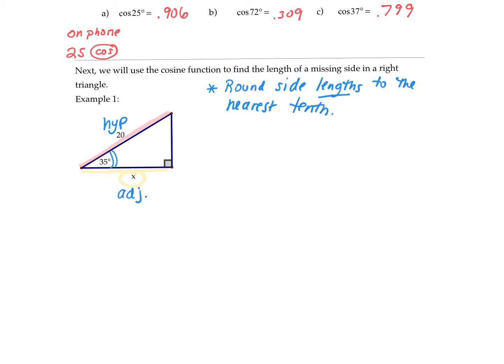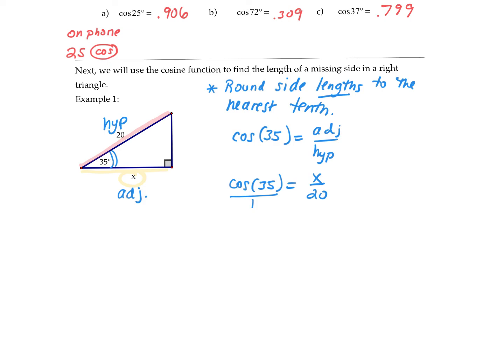That's how I know I can use cosine, because the cosine of my 35 degree angle will be equal to adjacent over hypotenuse, or cosine of 35, once I put those labels in, would be x over 20. Okay, we've technically got a proportion. To solve it, set up your ratio by putting cosine of 35 over 1.